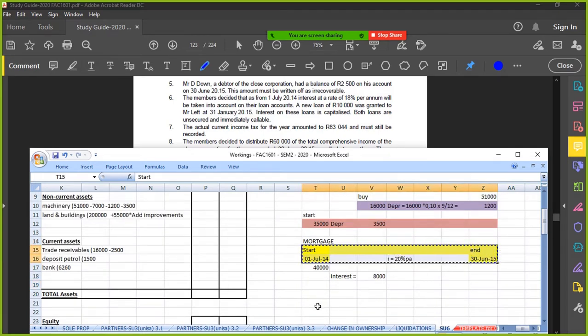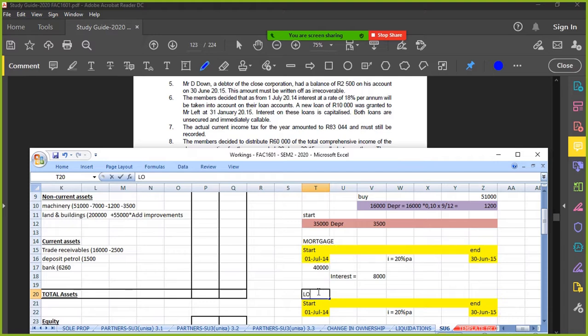So again, copy paste, loans. Is this loans to or loans from? The members decided that as from 1 July, interest at a rate of 18% will be taken into account on their loan accounts. A new loan was granted to. Okay, so loans to. Okay, good.